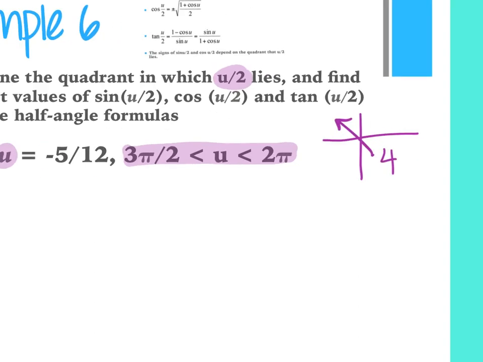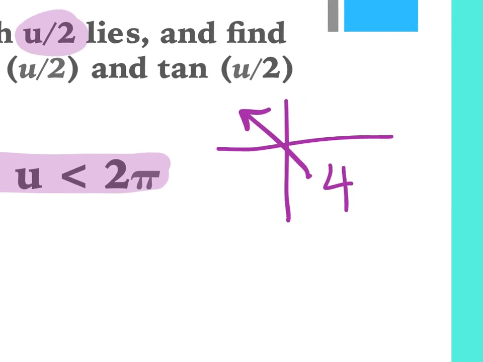So this is where it gets tricky because that one makes sense, right? But if I take an angle in the third quadrant and cut it in half, where do you think it goes? What's an angle that's easy, that's even in the third quadrant? 200, yeah. Take 200, cut it in half, where's it go? 100. Which is what quadrant? Second. Second quadrant. Take 220, cut it in half, what is it? 110, second quadrant.